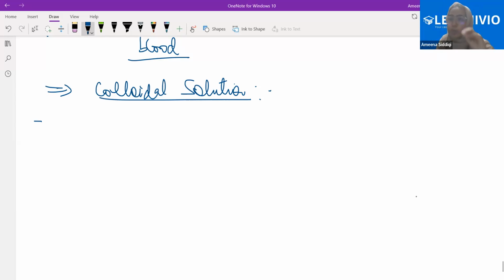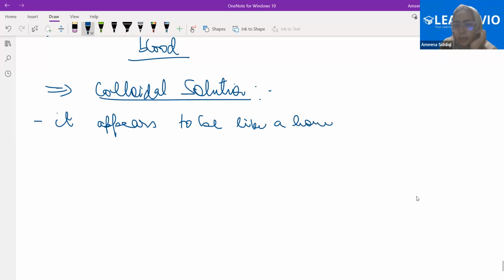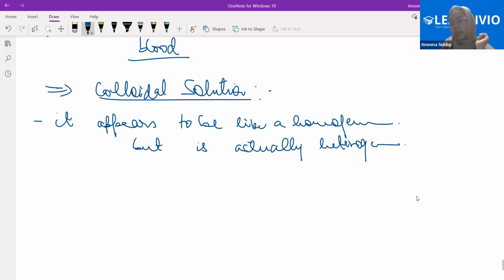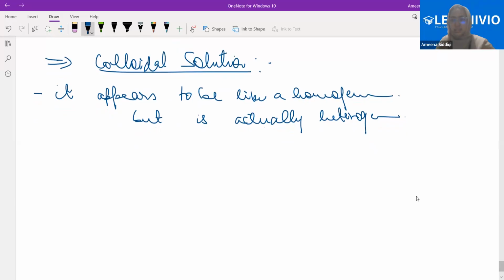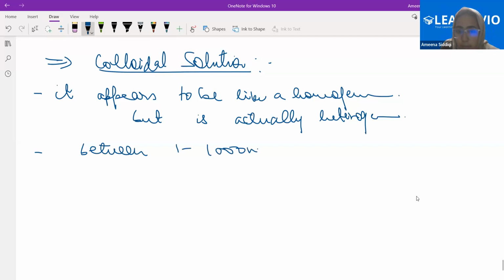Okay. So first point, very important, it appears to be like a homogeneous mixture, but is actually heterogeneous. See what happens. The particle size in case of a colloidal solution is between 1 to 1000 nanometers.